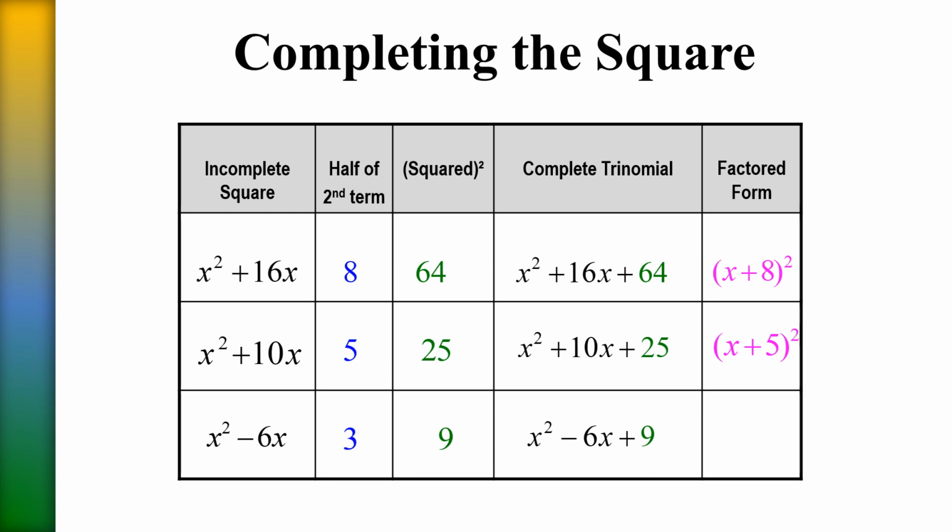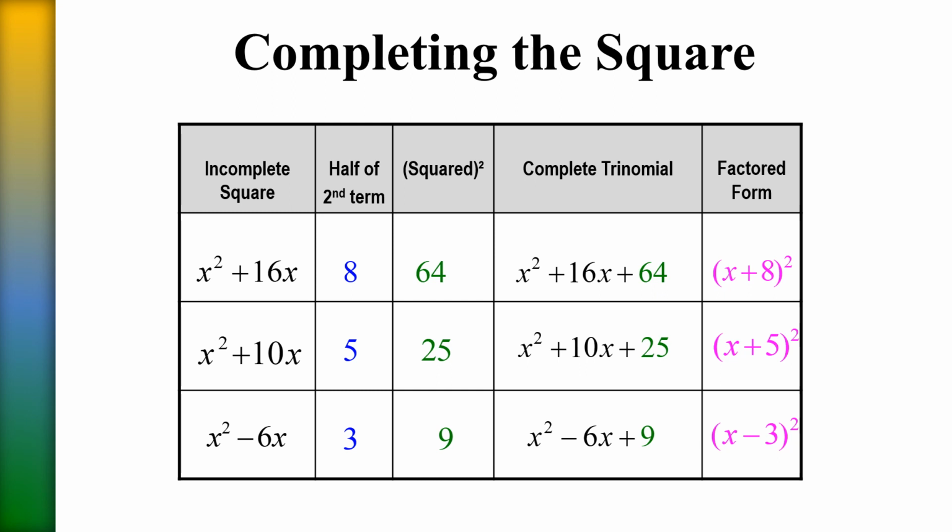So we're adding a 9 to complete that trinomial, and that factors into x minus 3. So again, remember, whatever the middle term sign is, that will determine the sign in factored form.